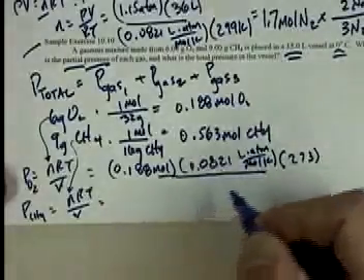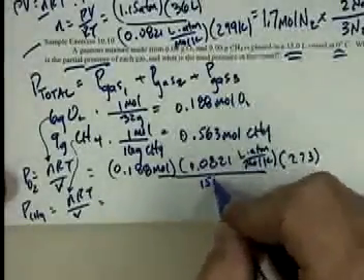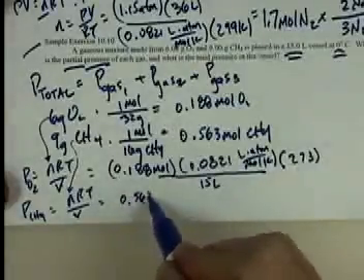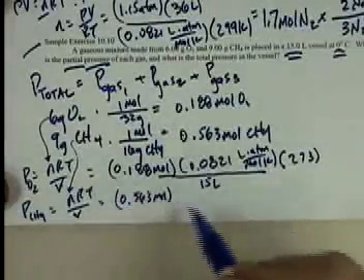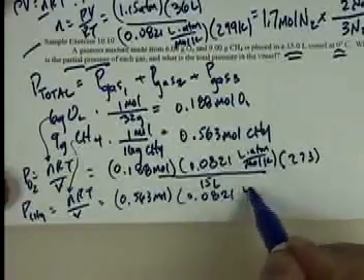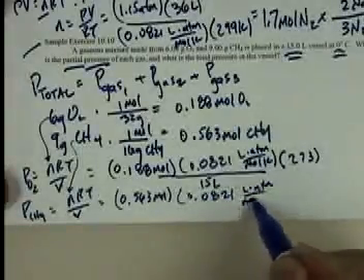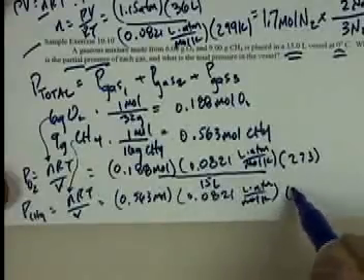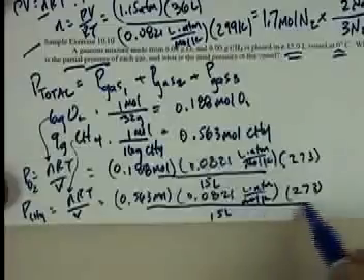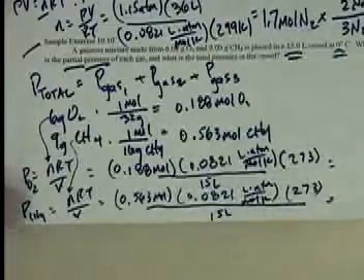Divided by the volume in this case is 15 liters. On the bottom here, I have 0.563 moles of the CH4 gas. Same gas constant, 0.0821 liters times atmospheres per mole times Kelvin, and 273 for a temperature, and divide it by 15 liters. Remember, each gas occupies the entire container.